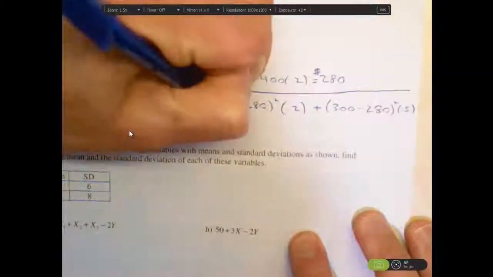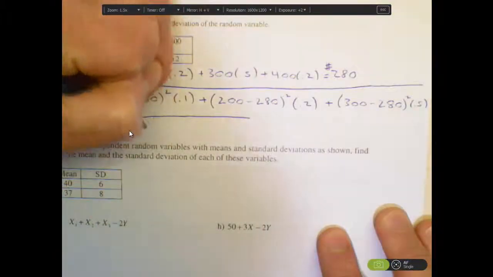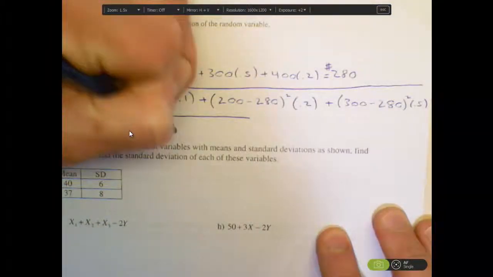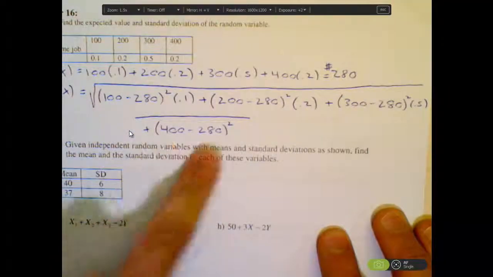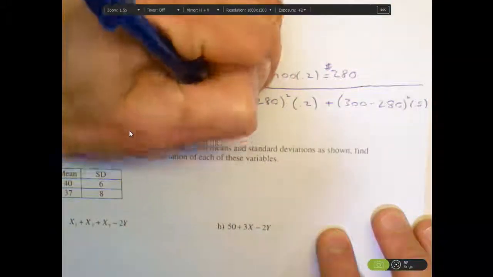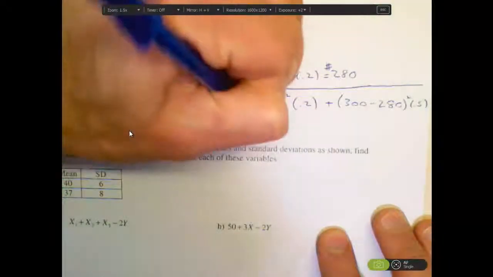This is the continuation of the square root here, plus the last outcome, 400 minus the mean squared, times that corresponding probability, which is 0.2.